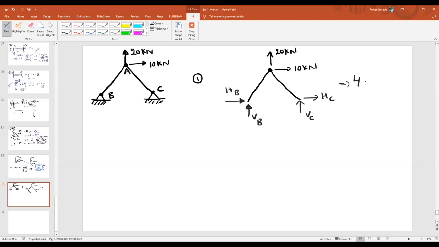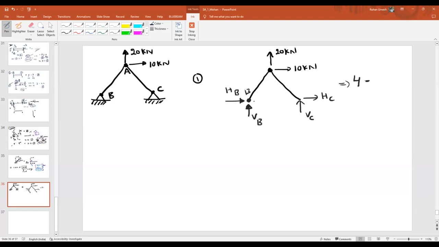How many equilibrium equations do we have to consider? One thing, let me clarify here. We are taking the equilibrium of the entire structure, isn't it? This is not a single point we are talking about. We are taking the equilibrium of the entire truss. Tell me one thing, because of the 20 kilonewton force, whether movement will develop at point B or not?